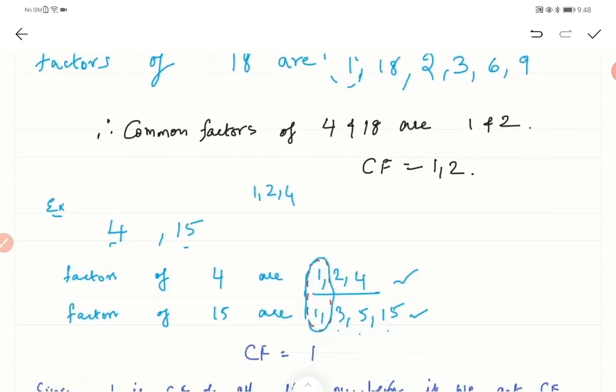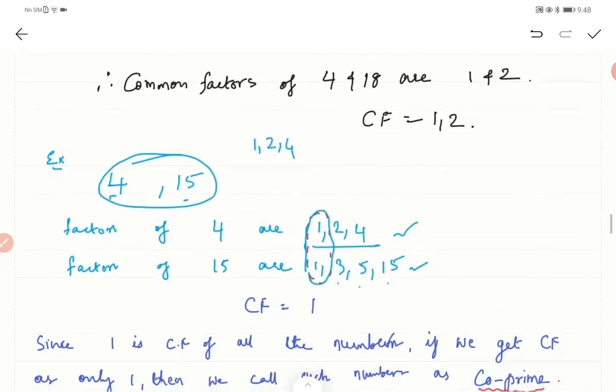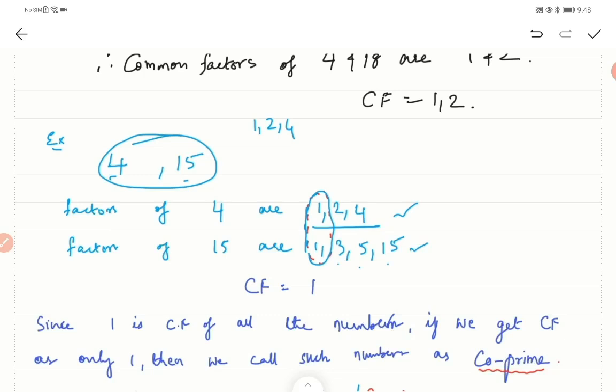Such numbers whose common factor is only 1, we call those numbers co-primes. So what was a prime number? The number which has only two factors, that is 1 and itself, is called a prime number. A pair of numbers in which the only common factor is 1, like 4 and 15, are called co-primes.